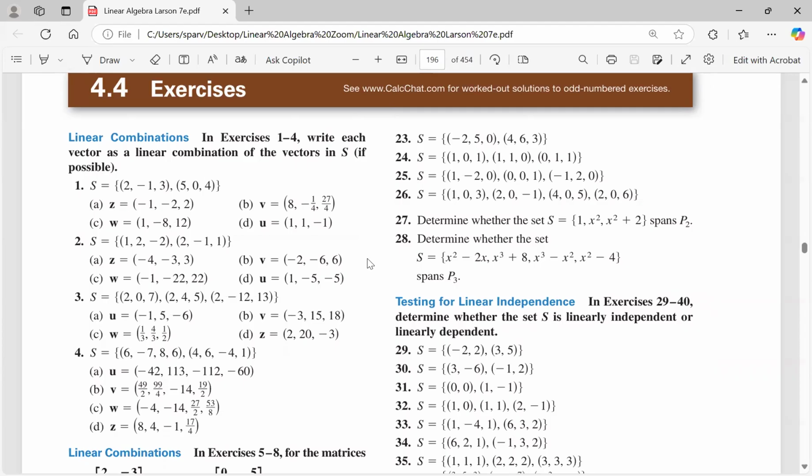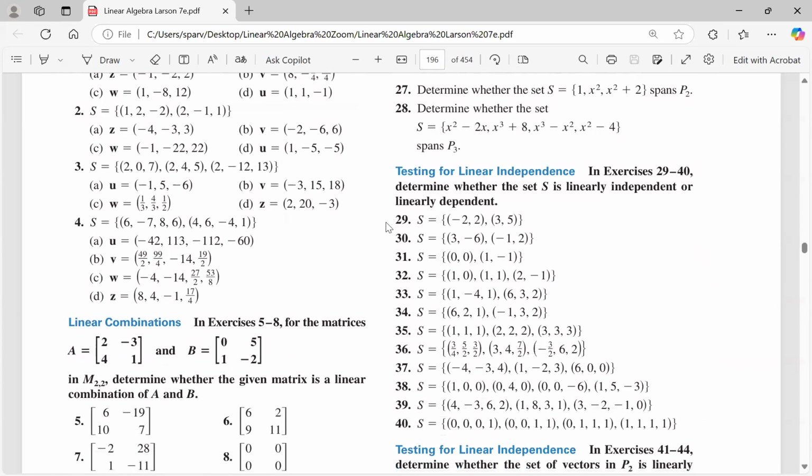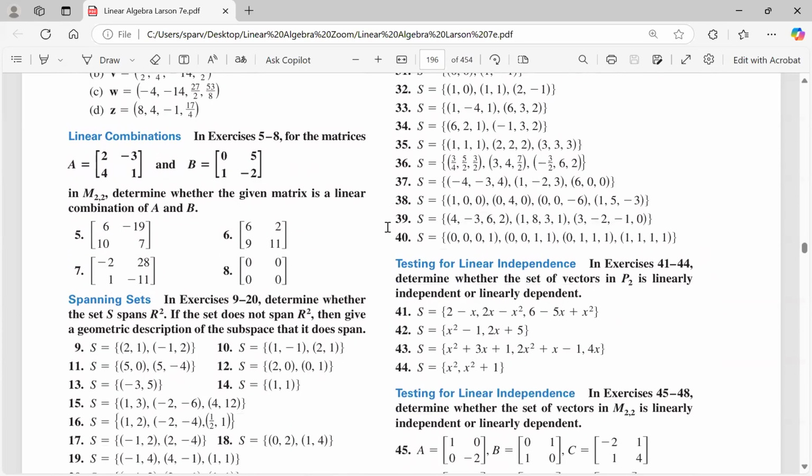Okay, I'm going to do exercise number 6 here. In number 6, you're given two matrices. These are elements of the set of all 2 by 2 square matrices. We want to determine whether the given matrix in number 6 is a linear combination of A and B. After number 6, by the way, we're going to do number 12.